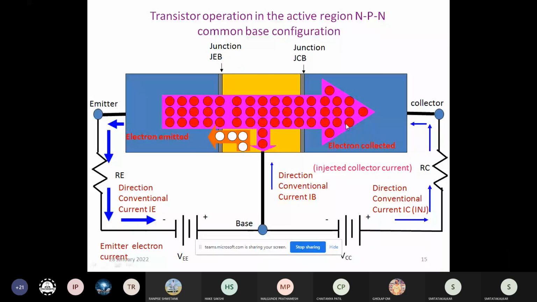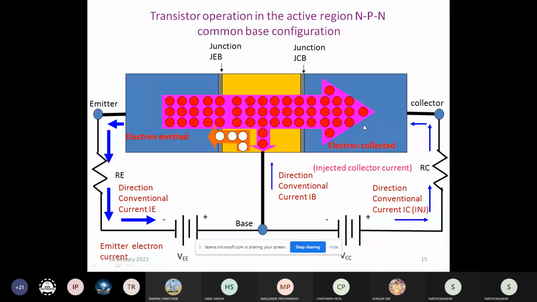That's why in the emitter terminal some current is flowing, because some holes are created in the P region, and the current flows as negative charge through the holes and positive charge through the electrons.